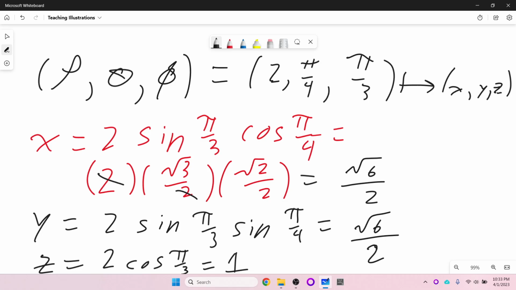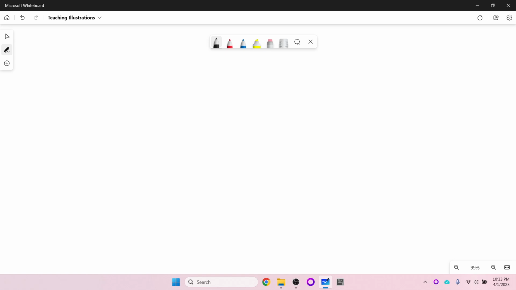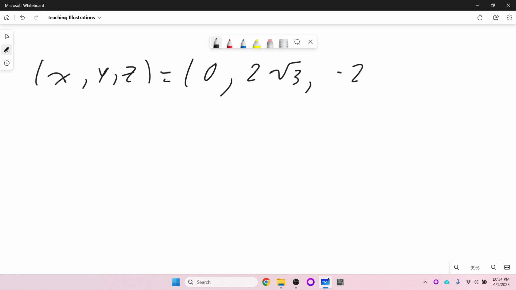What about going back the other way? Say we have x, y, z equals 0, 2 root 3, negative 2. And we want to change them into rho, theta, phi. Well, we can use the distance formula.